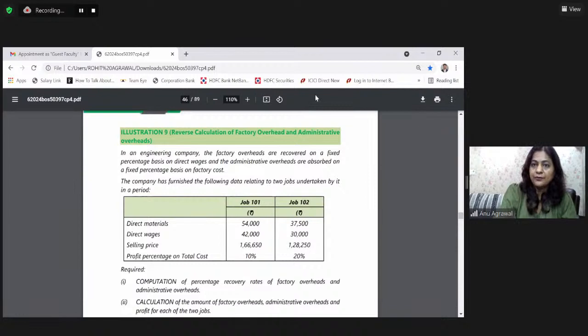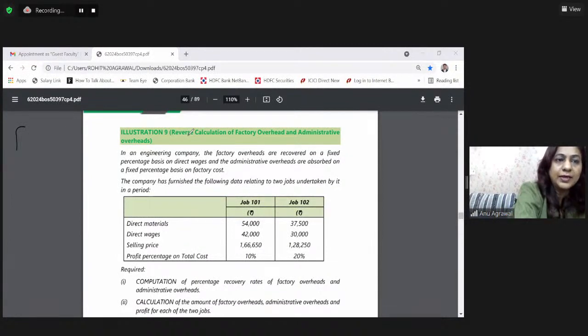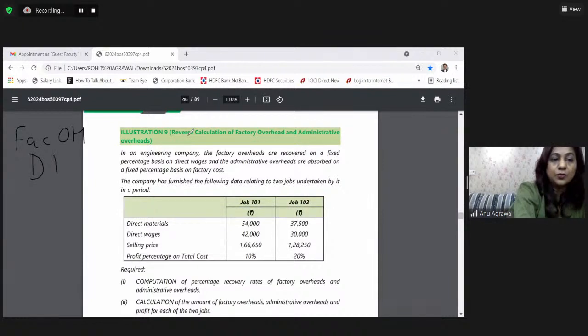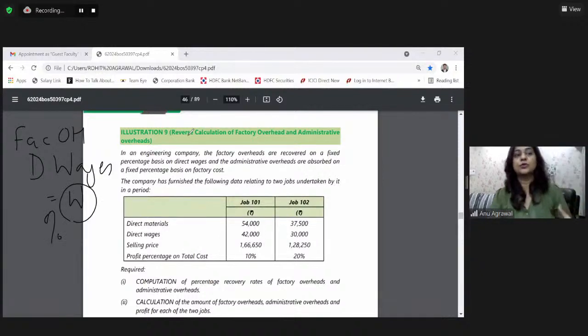So if I simply try to put it, they say factory overheads is a percentage of direct wages. So if your direct wages is equal to W, then a particular percentage of this is going to be your factory overheads.